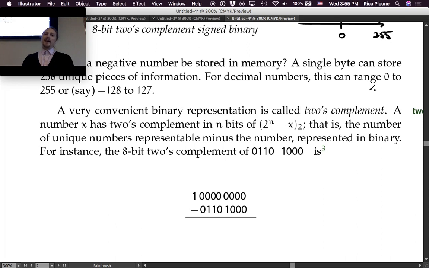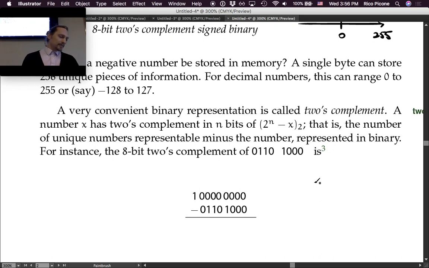For instance, the 8-bit 2's complement of 0110100 is, you take the total number that you can represent in 8 bits, which is 2 to the 8. Remember, 2 to the 8 minus 1 would be 8 ones, and then you overflow it by 1, and you get 1 with all zeros. So you do this subtraction, and you're going to get the 8-bit 2's complement number.